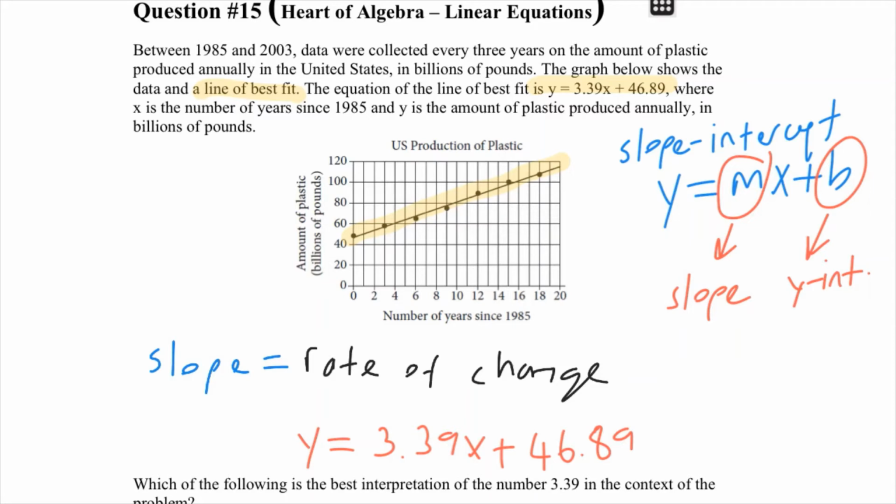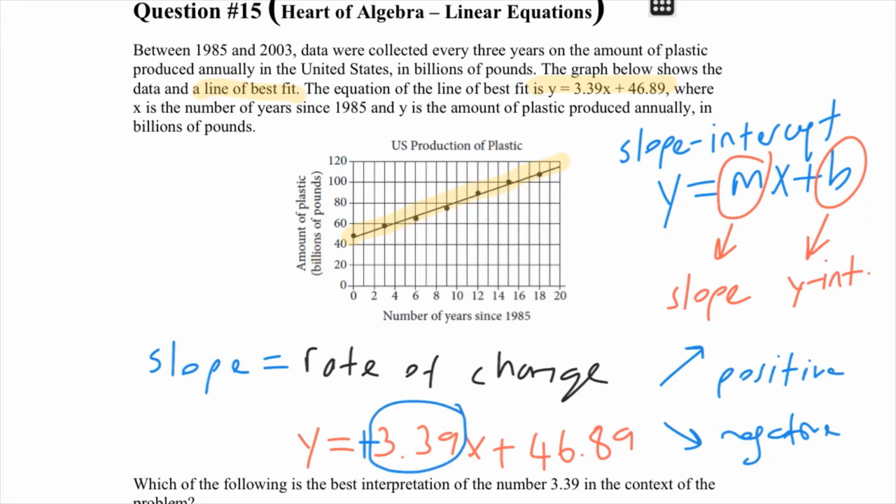So what do I know about the slope? The slope might be positive, or the slope might be negative, right? Here 3.39 is positive. If it is positive, the rate of change, if you look at the graph, should go up from left to right. A positive slope tells me there is an increase.